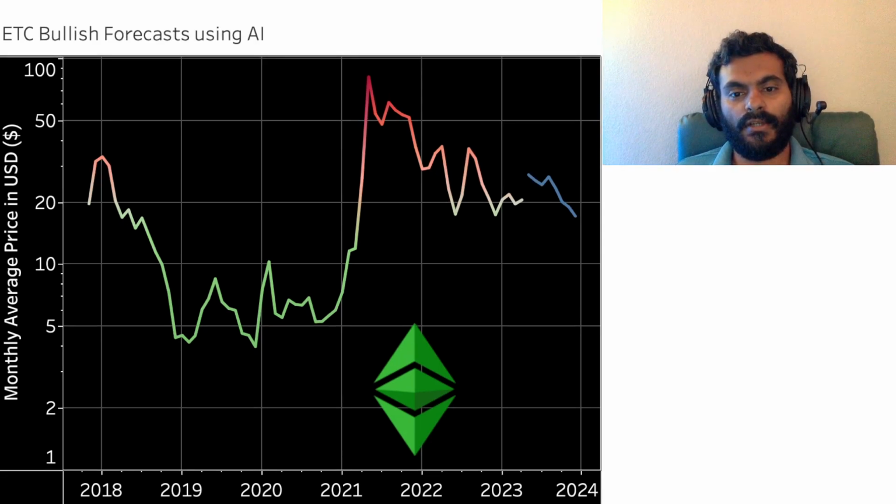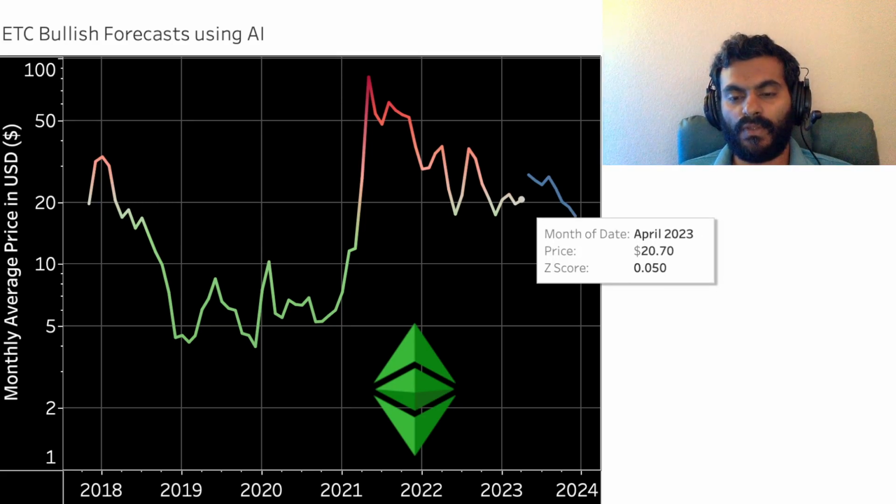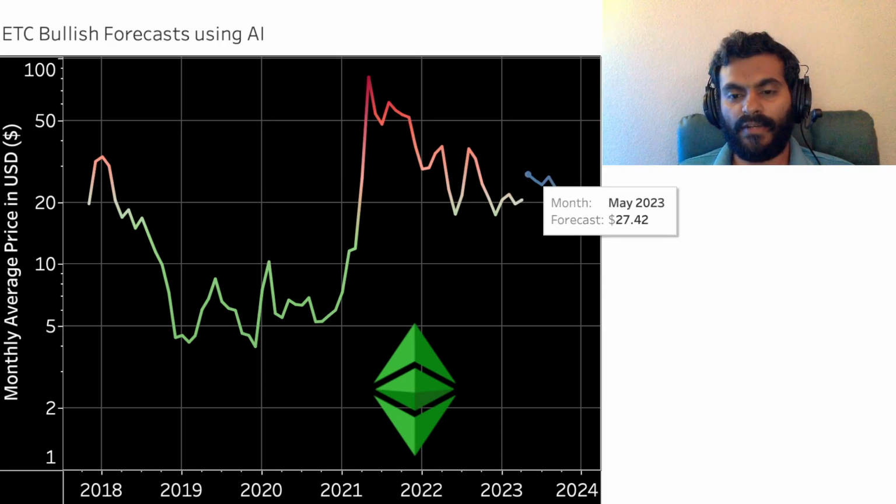Coming over to the bullish scenario, these values are, as I mentioned, one standard deviation, and the relevant z-scores are applied to calculate these values. For the month of May, the price forecasted is around $27.42, which is almost 30 to 35 percent higher than the past month's average price. In June, the forecasted price is around $25.73.